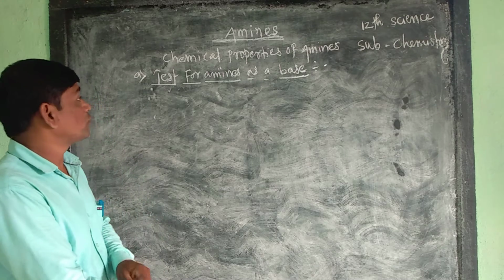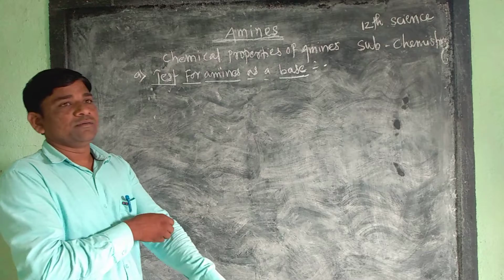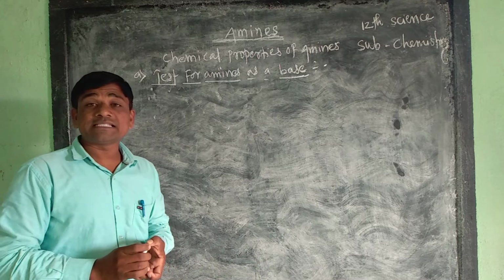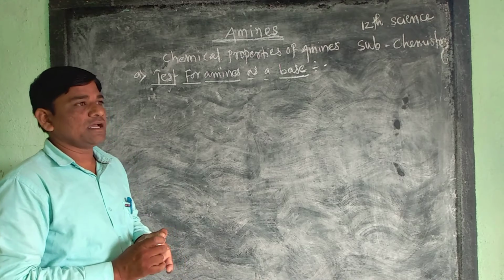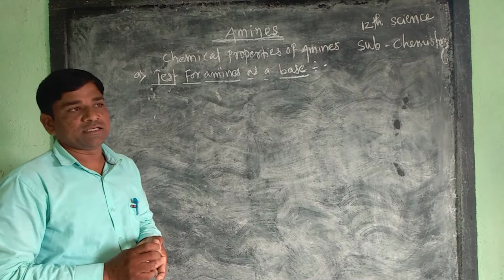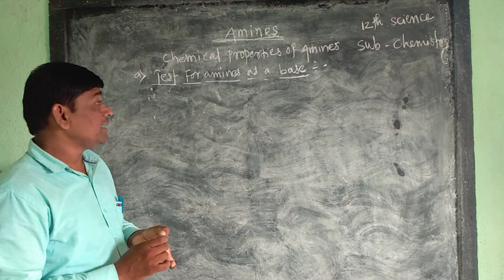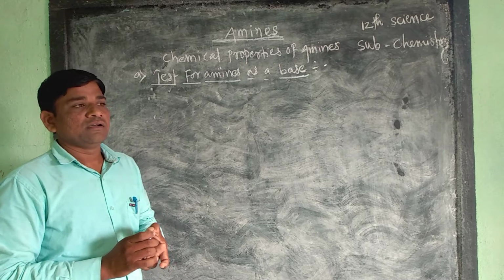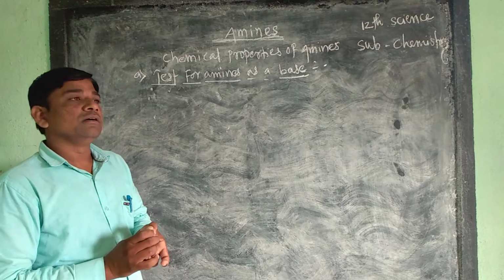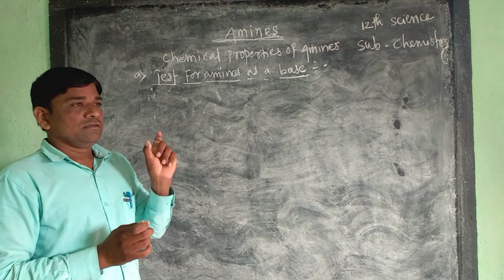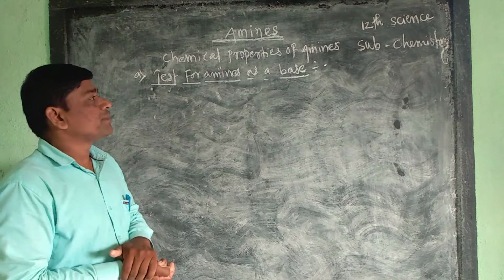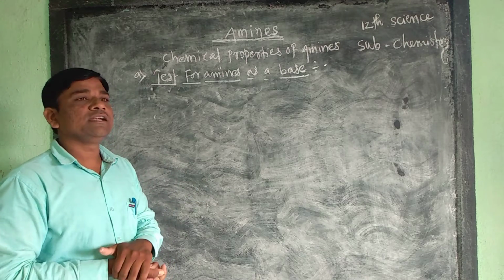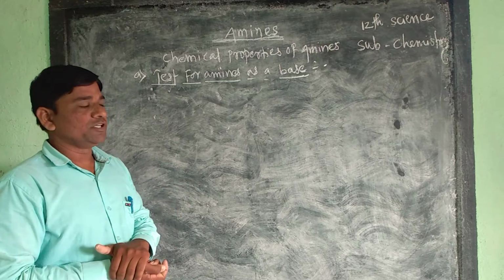First of all, we take primary, secondary or tertiary amines, which are basic in nature, because when these amines are in aqueous solution or in water, they turn red litmus paper into blue litmus paper.